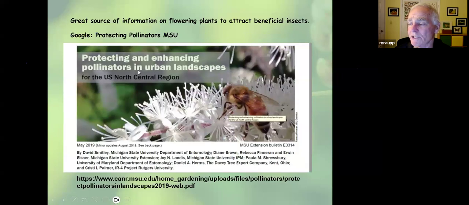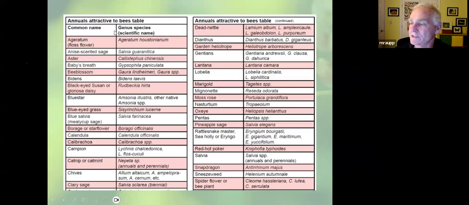If you want a good publication, I think this is an excellent publication. This was done by a coalition of several different scientists, Michigan State, University of Maryland, Rutgers University. And what it provides you with is a whole array of flowering plants that are attractive to bees. Here are annuals.